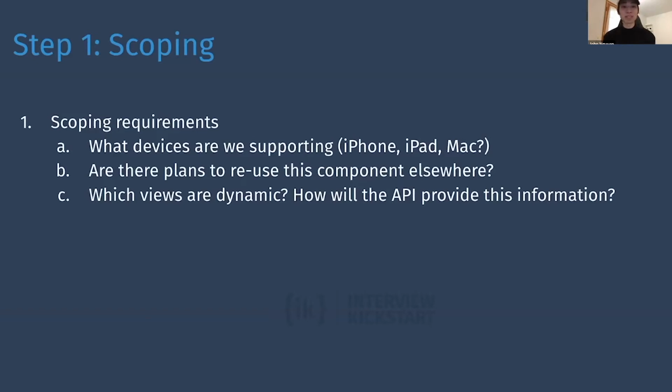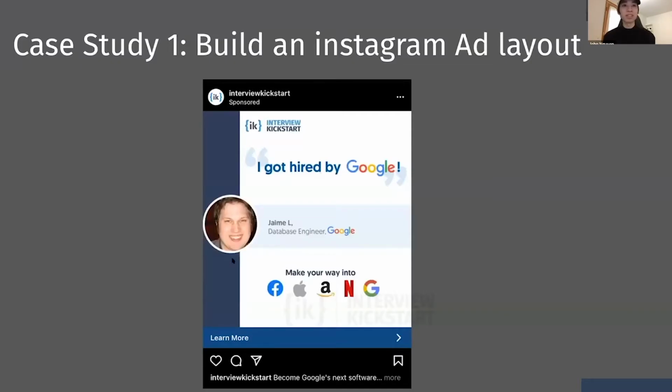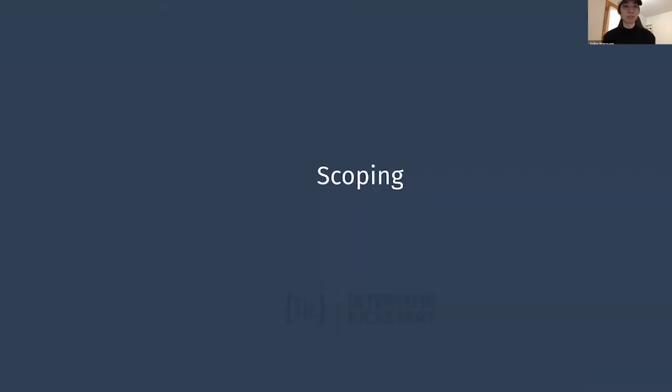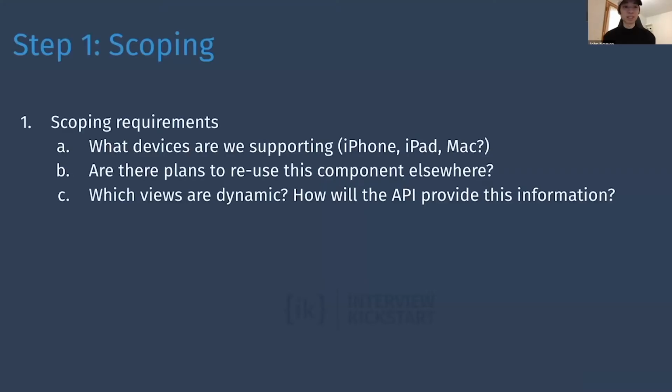We can try to make it dynamic from a constraint perspective, so that it doesn't bleed out for iPad or Mac, or even the iPhone SE second generation, or smaller iPhone sizes. The layout will always look like this, so we don't have to worry about different layouts for different devices for now. But we'll definitely keep trying to make it dynamic from a constraint perspective.